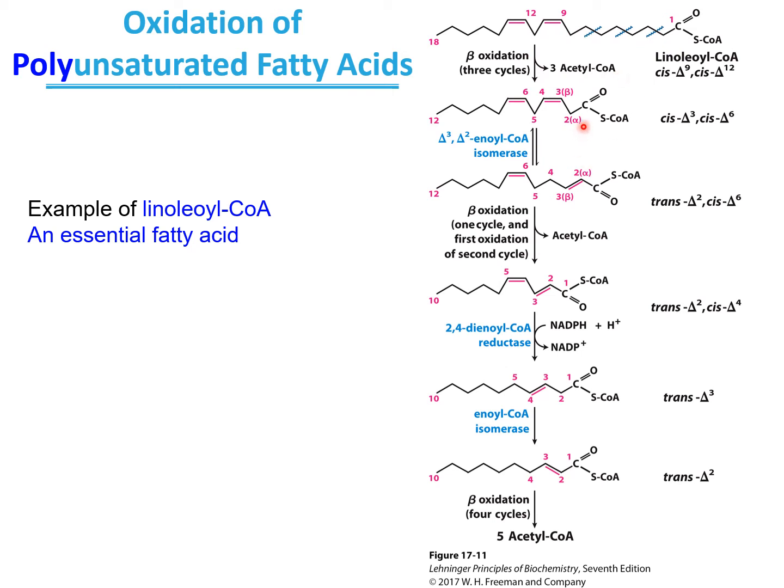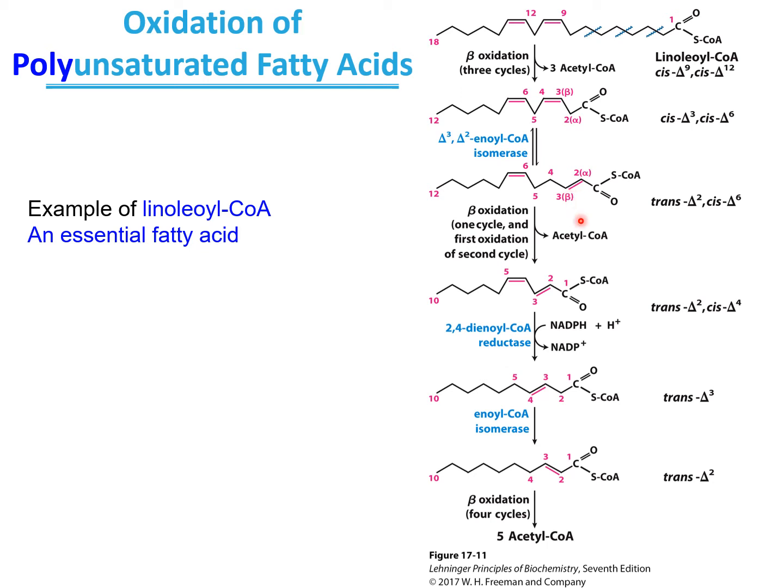And now we end up with these 2 cis double bonds. So the first one will be isomerized, just like we did for the monounsaturated fatty acid, to generate a trans double bond here.